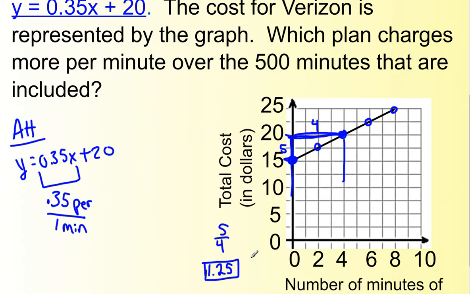So the rate of change, this company, Verizon, would charge $1.25 per minute that you've used after that 500 minutes, where AT&T is charging you 35 cents per minute after that 500 minutes. Which plan charges more per minute over the 500 minutes that are included? Well, according to this data, Verizon charges a lot more per minute.